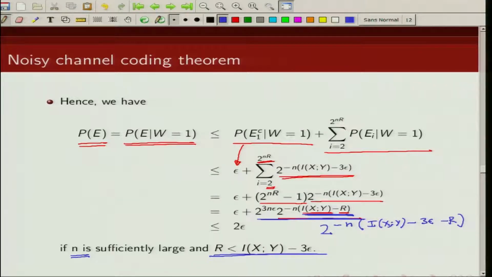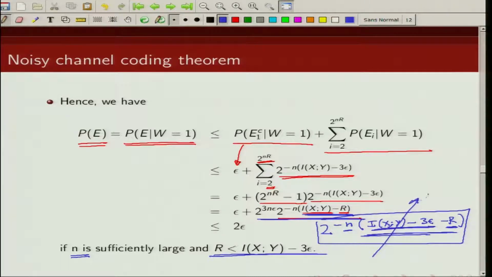This is what you will get. So as long as R is less than this quantity and epsilon is very small, this term will be positive. For large n, this whole term will go towards 0. So some epsilon we are calling it, so this will be less than some small quantity epsilon.